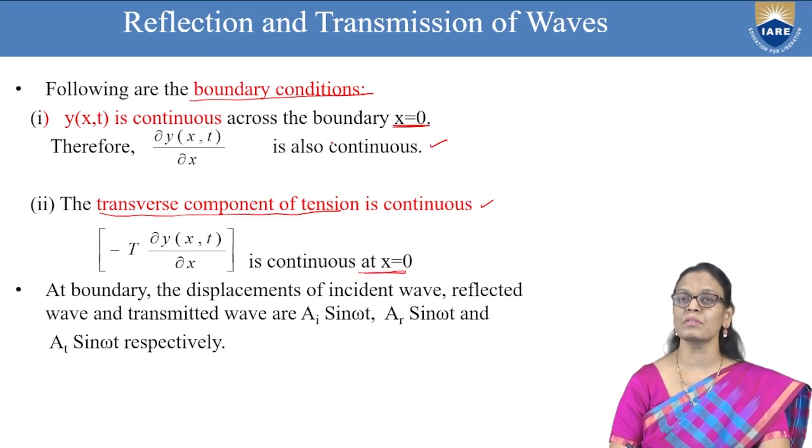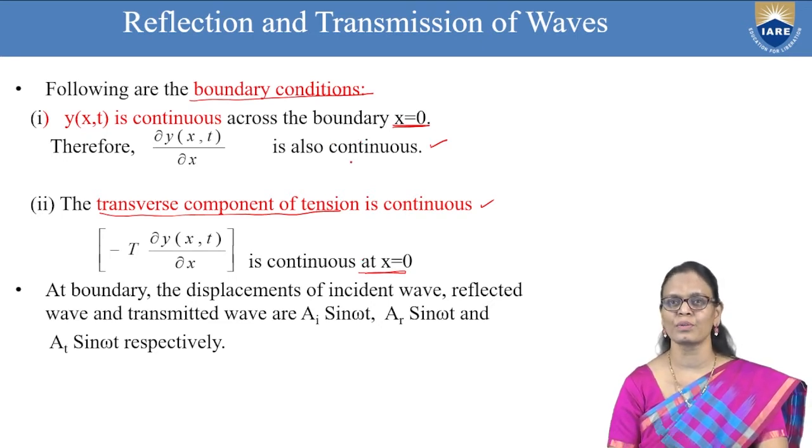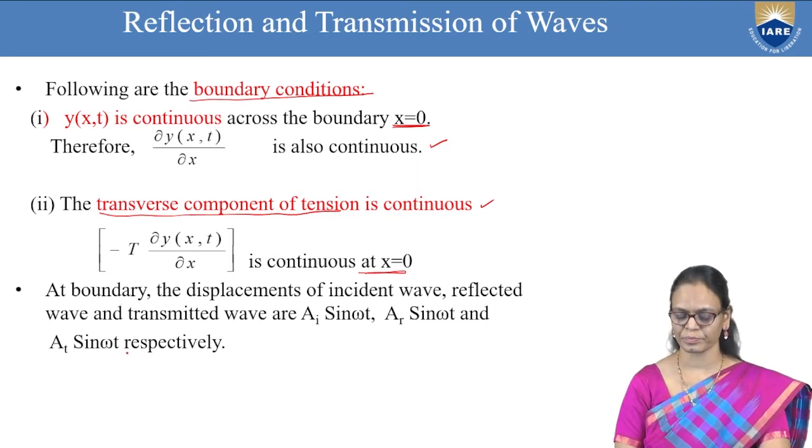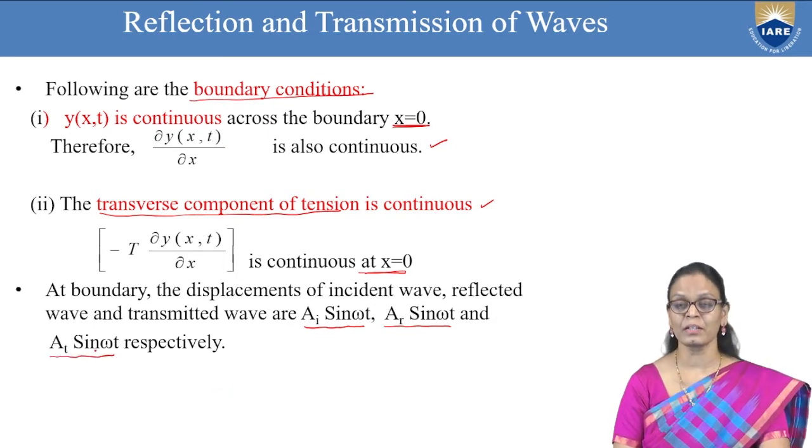We are going to apply these two conditions for the waves now. At the boundary, the incident wave is represented by AI sin omega t, the reflected wave by AR sin omega t, and the transmitted wave by AT sin omega t.